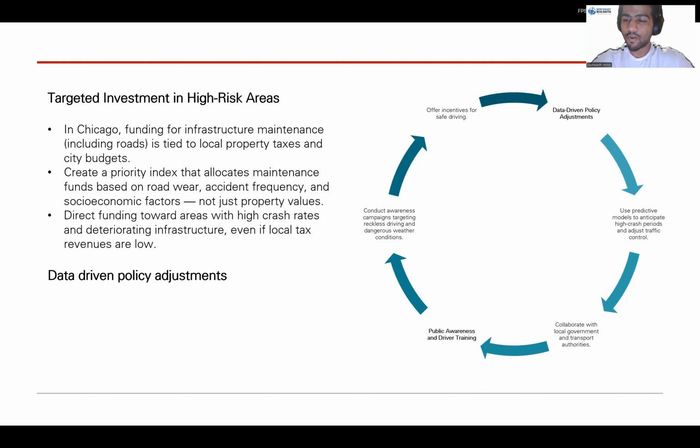Based on the local property taxes, maybe the government should focus on the areas that need the funds. Yes, it can be very problematic. Citizens might go against it, taxpayers might go against the government, but it should be done to get a properly working city with proper and happy roads. And data-driven policy adjustment: data speak volumes.